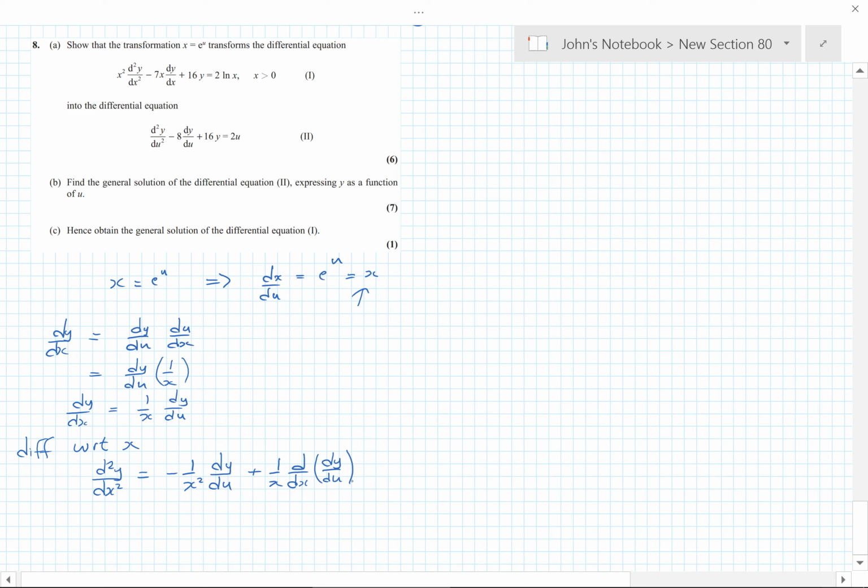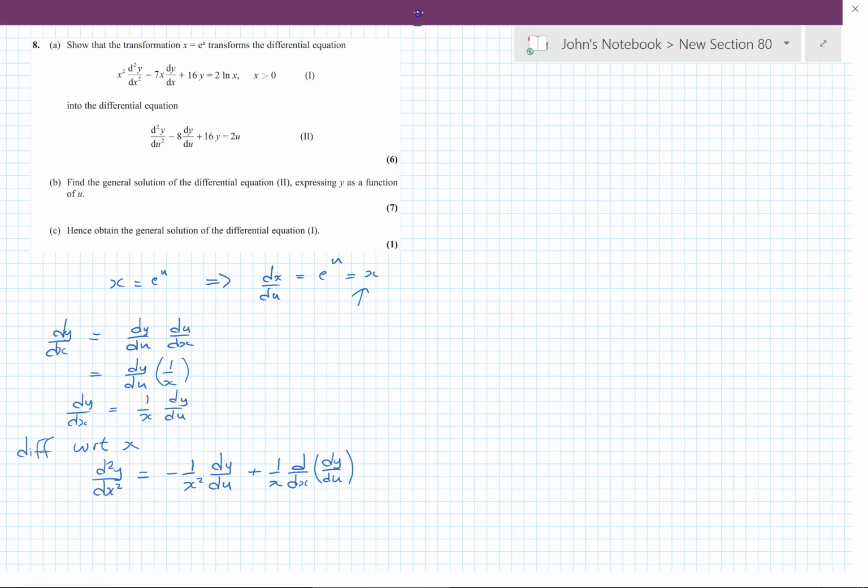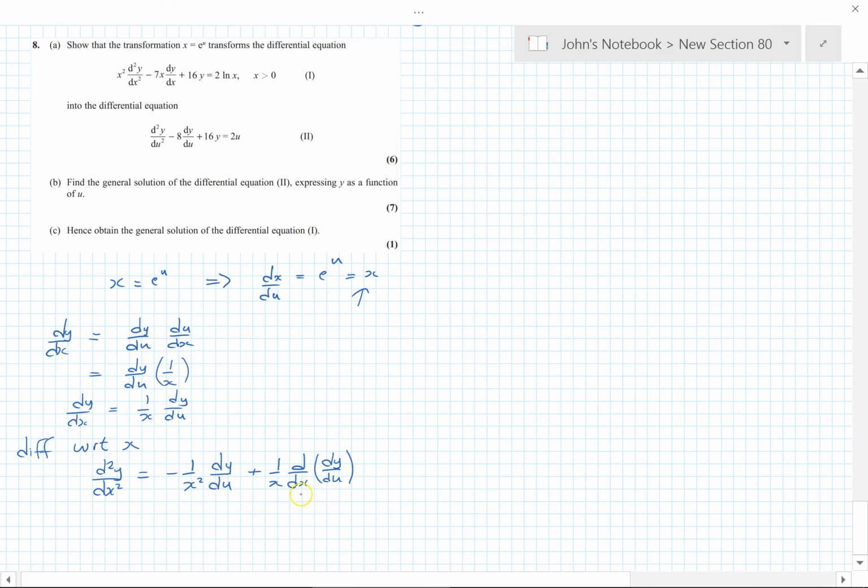This causes problems with some students because they fail to recognise the fact that we've got two different things we're differentiating with respect to here. So we can't just say that this is equal to d2y by du squared, which is a common mistake that students make.